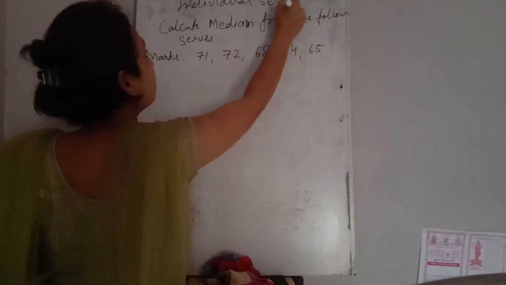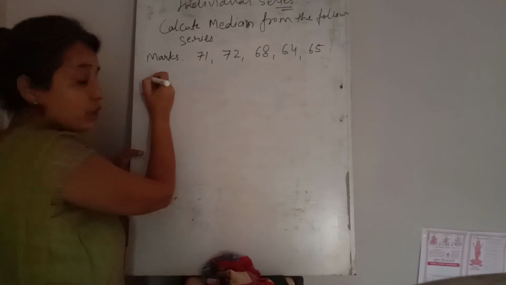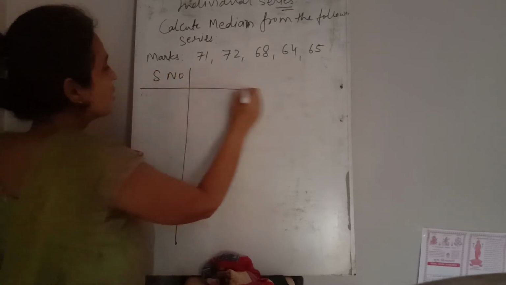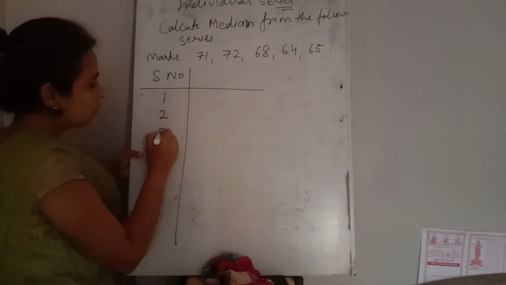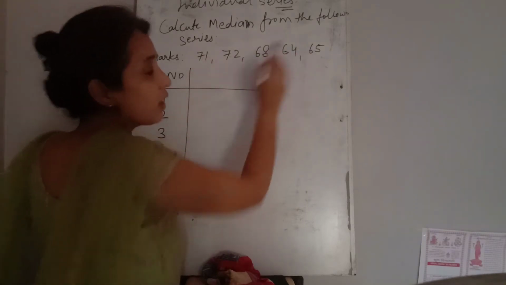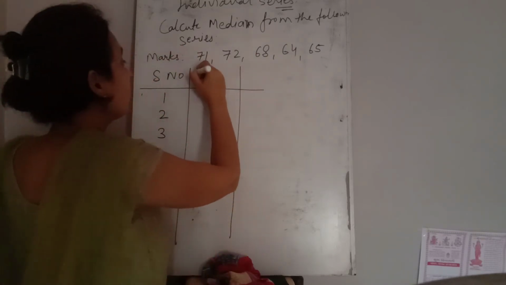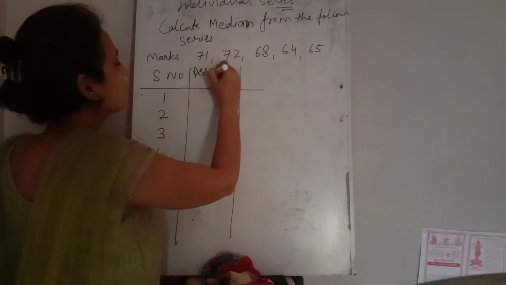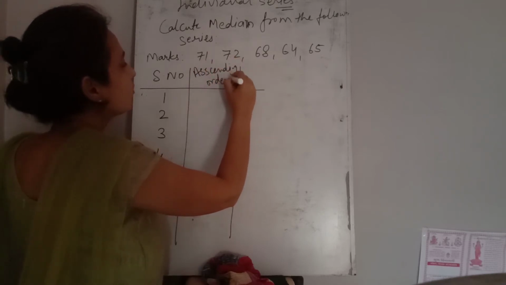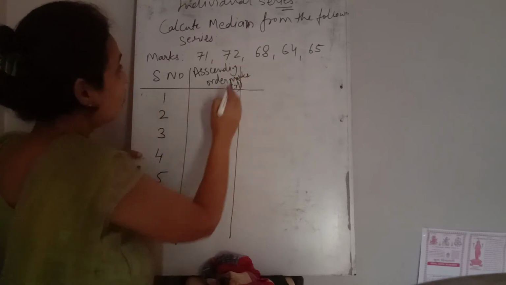Now how to calculate median? First we have to arrange into ascending order. Serial numbers: how many items are given? 1, 2, 3, 4, 5. Now arrange marks into ascending order. Marks are known as the values.